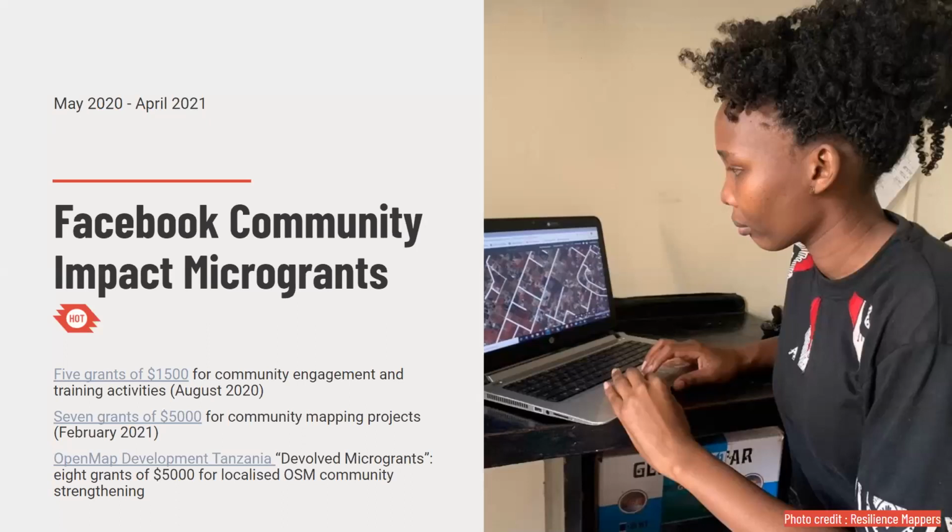Yeah, so one of our micro grant programs is actually the Facebook Community Impact Micro Grants, where we have supported 5 communities last year with grants. And also this year we are supporting over 15 groups in East Africa and also in Asia Pacific with micro grants to work on their community mapping projects that do respond to solving a local challenge.